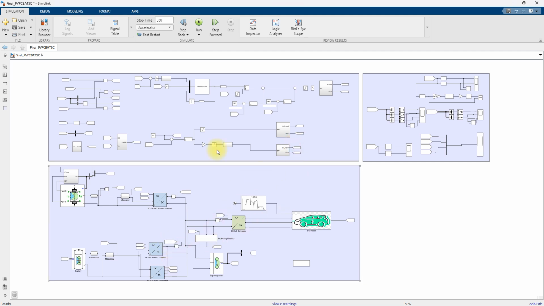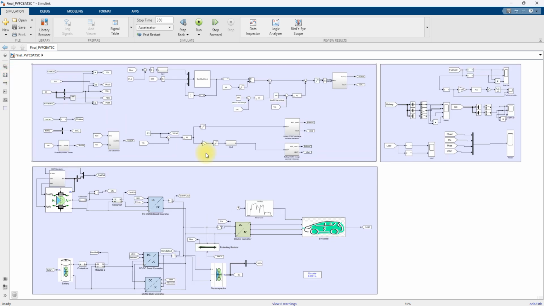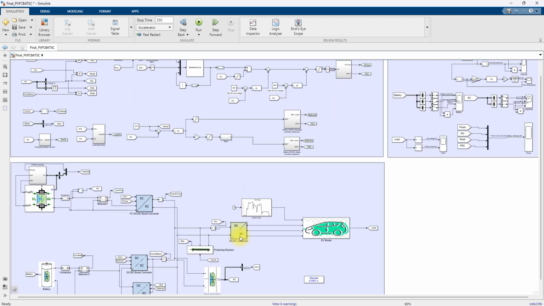So this is the control for the battery. That means the boost converter and buck converter control the battery for charging and discharging. So these are the control things, and also here you have the DC-AC converter.